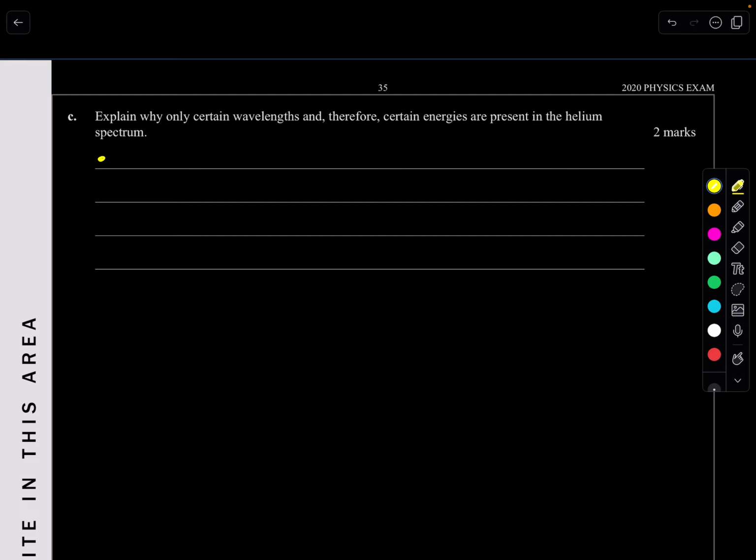So we're going to say, electrons exist in discrete energy levels.